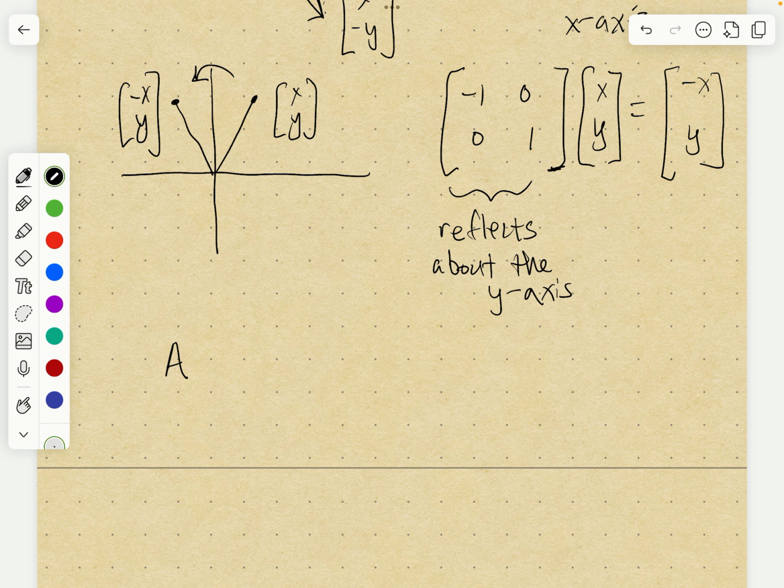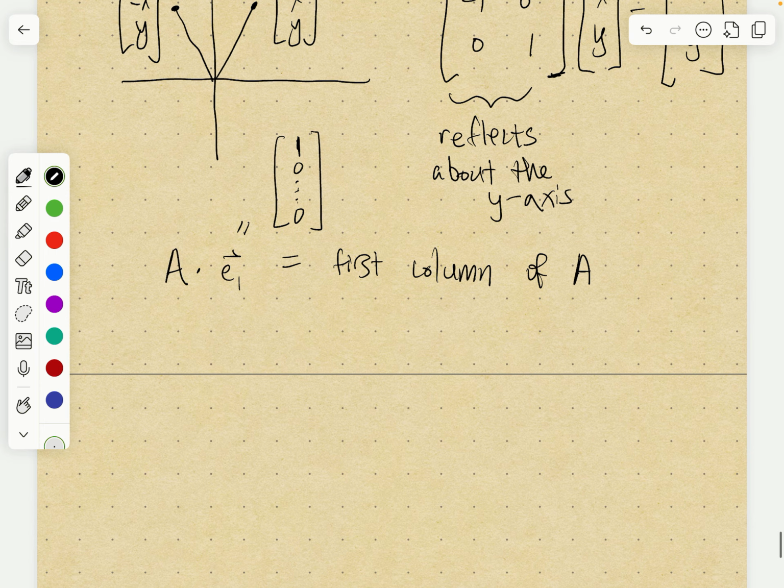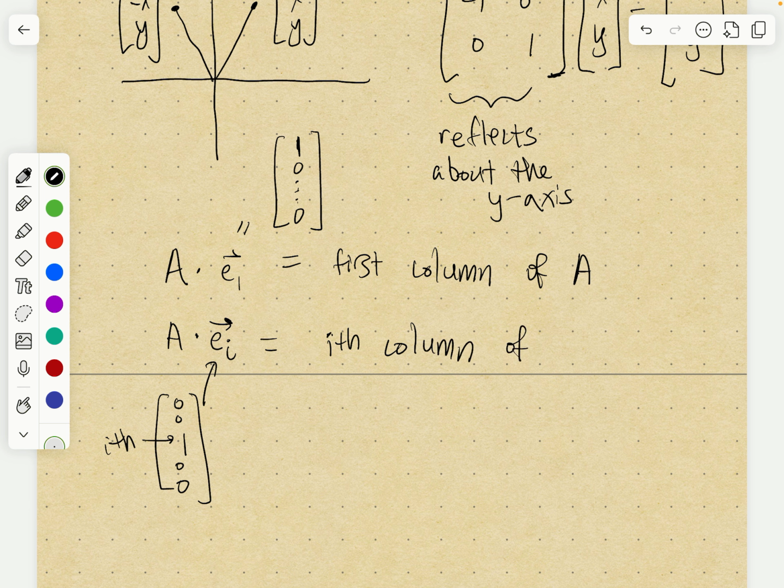If you take a matrix times e1, which is the vector with a 1 in the first entry and zeros everywhere else, you're going to get the first column of A. And similarly, if you do A times the vector ei, where ei is the vector that has a 1 in the ith entry and zeros everywhere else, this is going to give you the ith column of A.